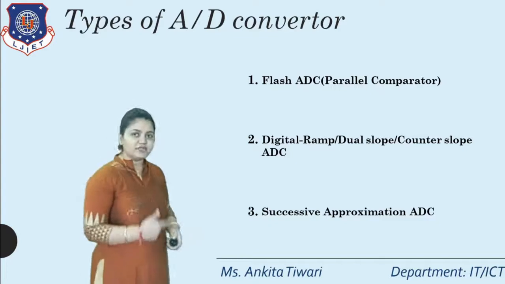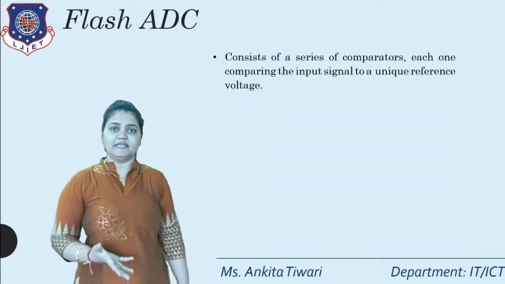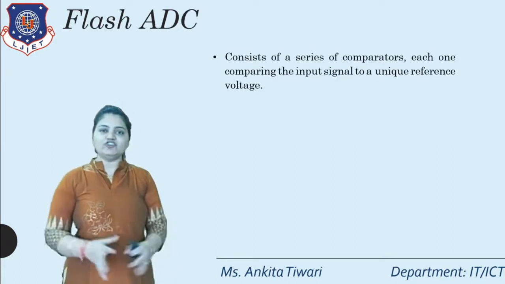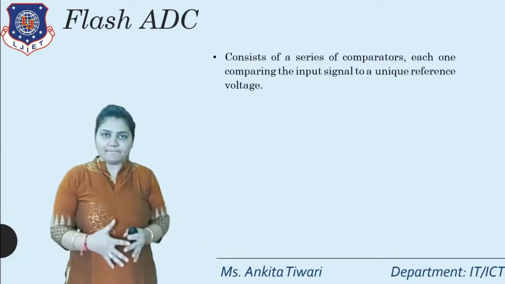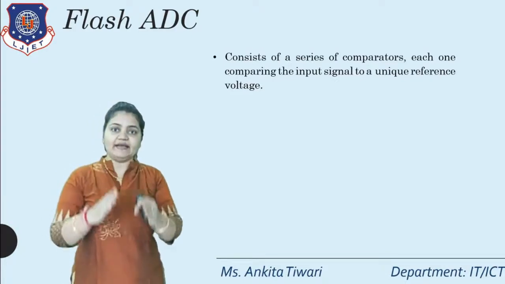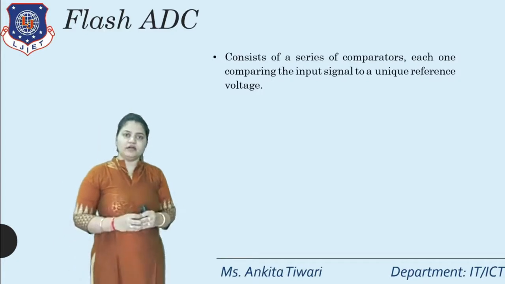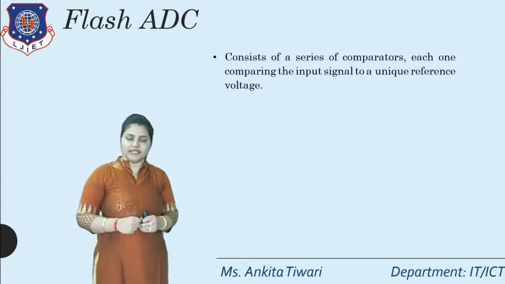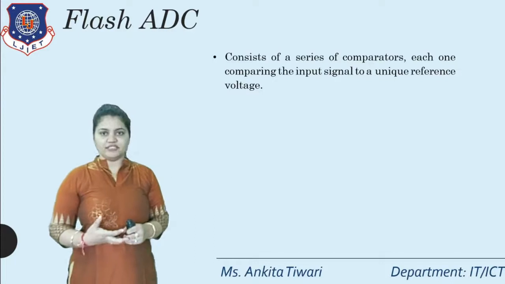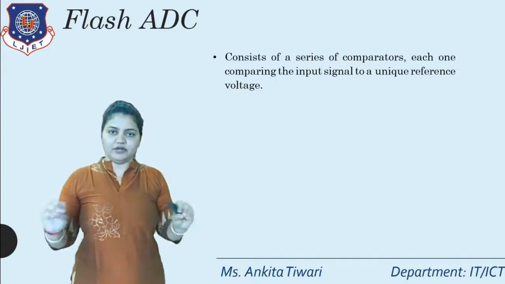Okay, so starting with the first type, that is flash ADC. A flash ADC consists of a series of comparators that compare the input signal to a unique reference voltage. Whenever a comparator circuit arises, the comparison is always done between two different values.